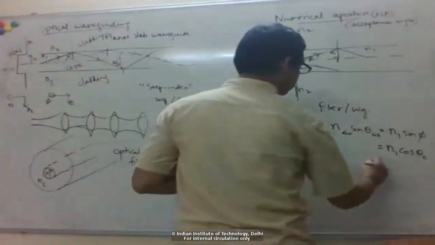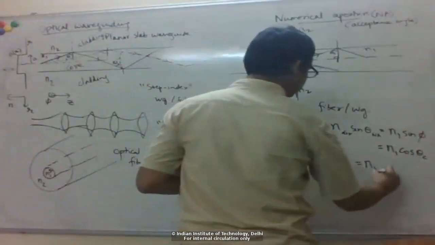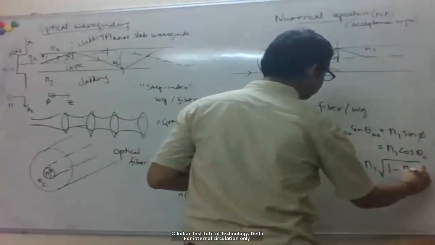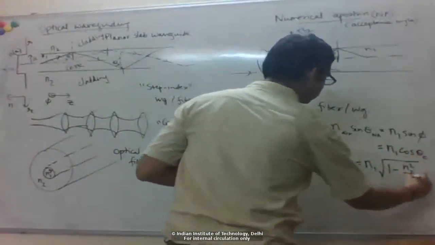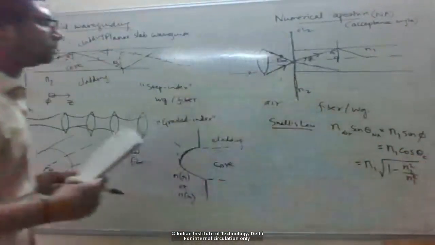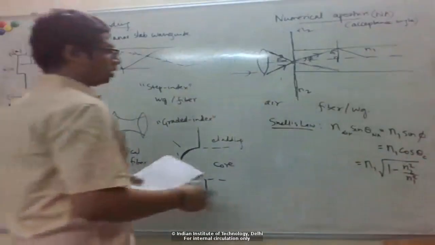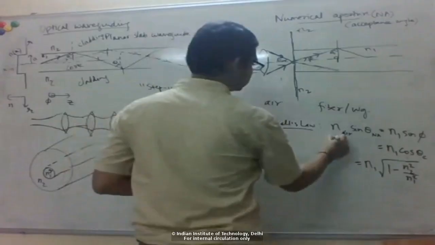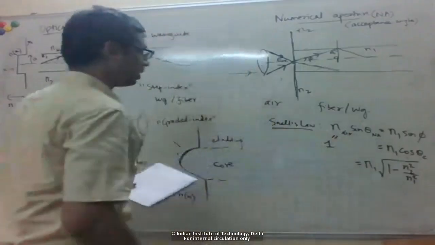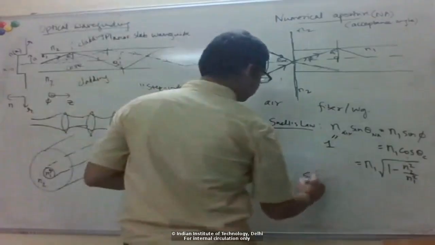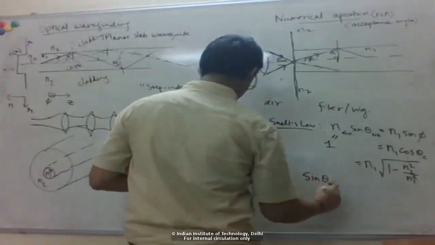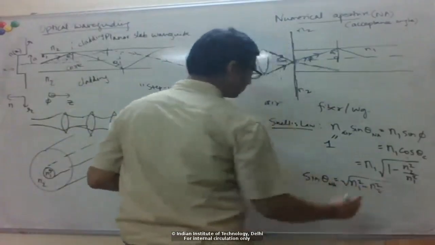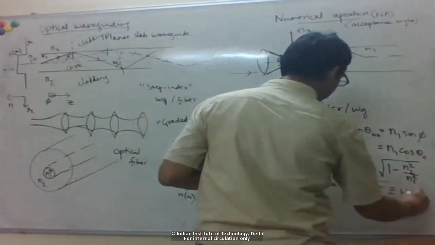And cosine of theta c I can write as square root of 1 minus sine squared theta c, and you know sine theta c is n2 by n1. So if I'm coming from air, then the refractive index is 1. So you can see that sine theta NA is just square root of n1 squared minus n2 squared. And this is usually referred to as the numerical aperture.